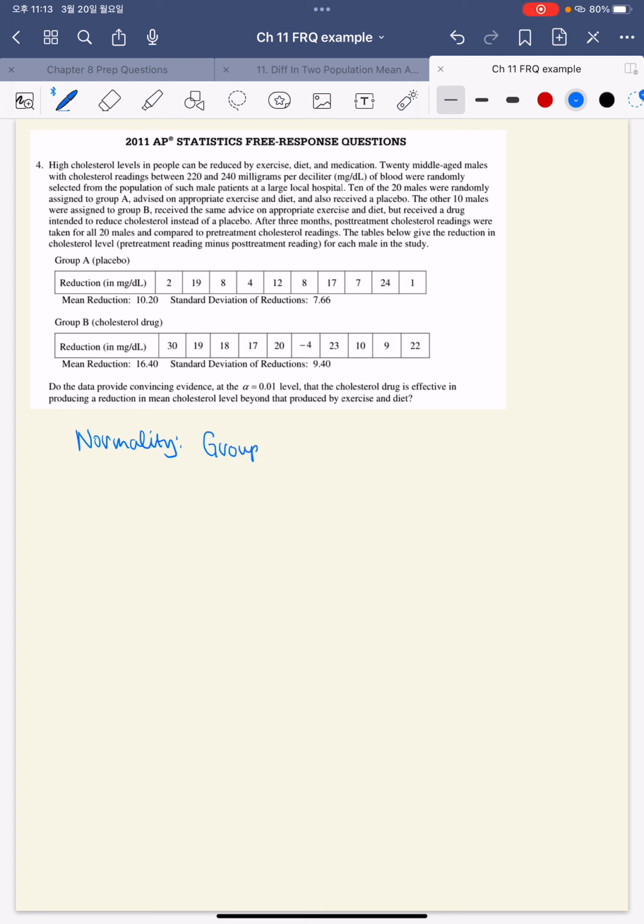So I'm just gonna graph it. Just give me 1 second. -5, 0, 5, 10, 15, 20, 25, then 30.